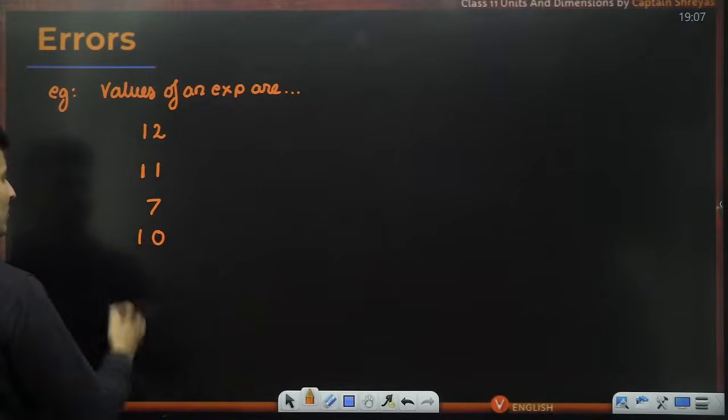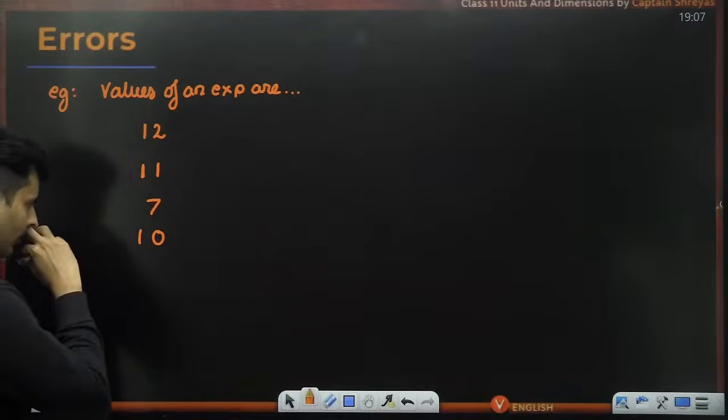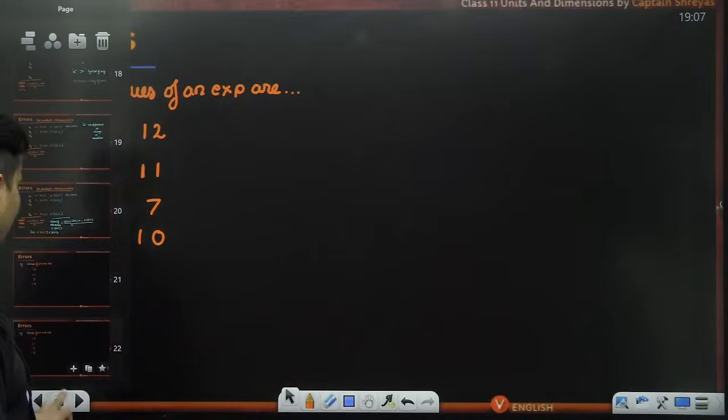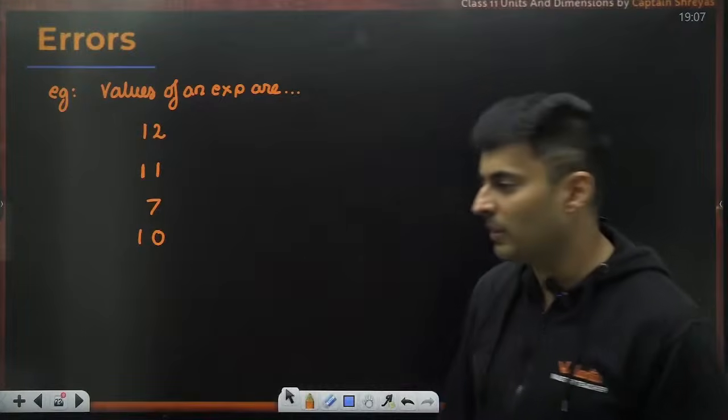These are the values which a person has got after multiple readings. The question is, find the final answer that you should be getting. There are readings which you have taken for an experiment.